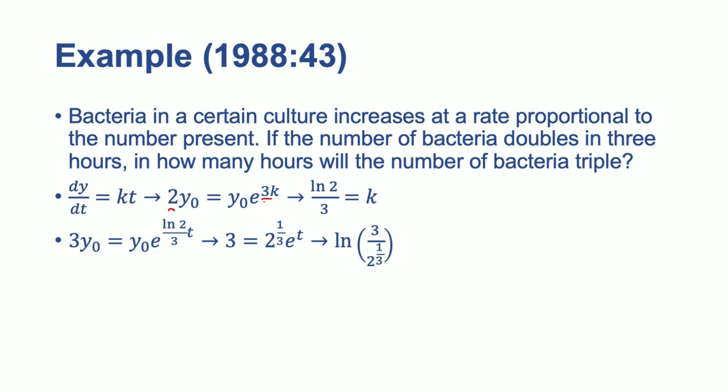We are going to divide by y naught and do some more manipulation to give us 3 equals 2 to the 1/3 e to the t, and that will give the natural logarithm of 3 over 2 to the 1/3. And furthermore, that will give us the answer t equals 3 times the natural logarithm of 3 over the natural logarithm of 2. And that is in how many hours the number of bacteria will triple.